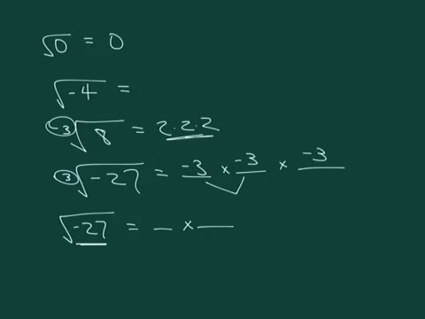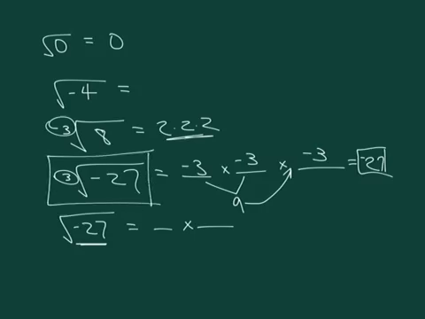Negative 3 times negative 3 is positive 9. 9 times negative 3, a positive times a negative, is negative 27. So the cubed root of negative 27 is negative 3. Which brings me to a truth here. If the index is an odd number, you can take that root of a negative, which I did and got negative 3.